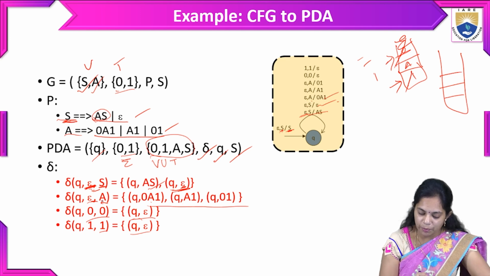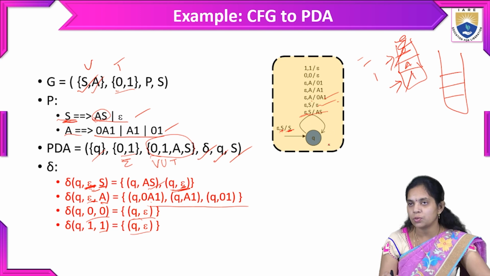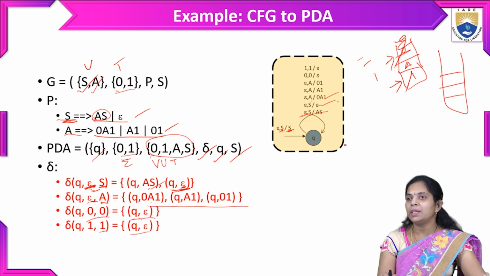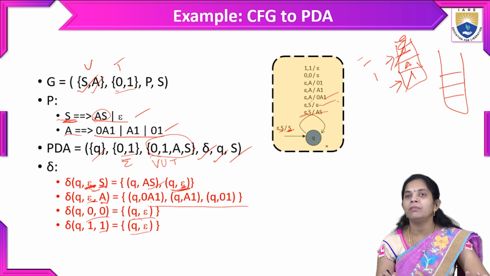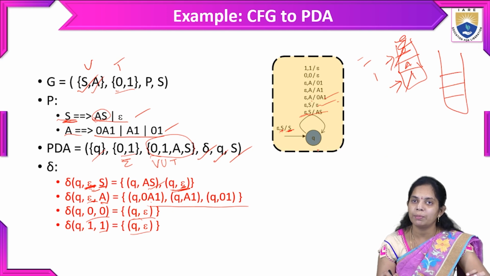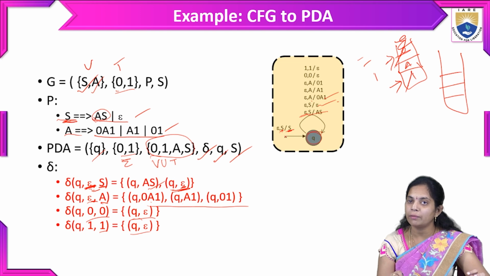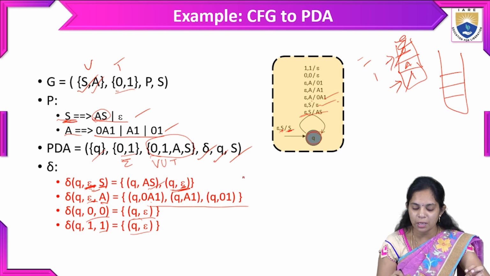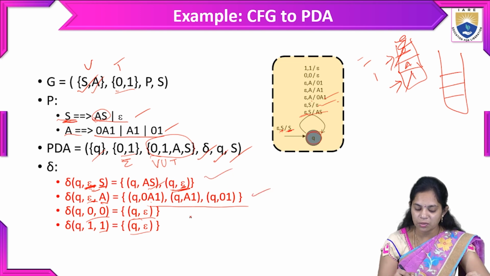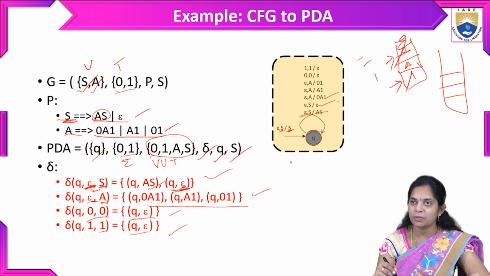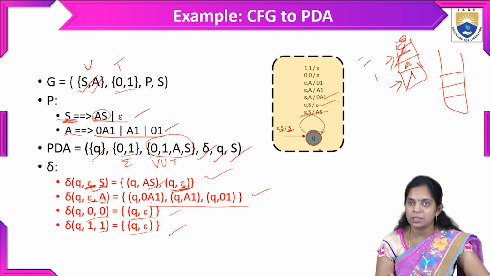So for every step, if you observe this PDA which we get after converting a given CFG into a PDA, we have only one state. So for the one state we have to repeat the loop. So how many transition functions are there? Every transition function is on the same state only.